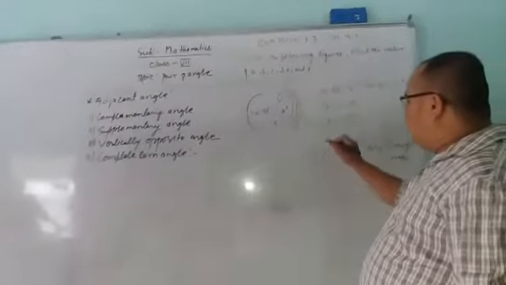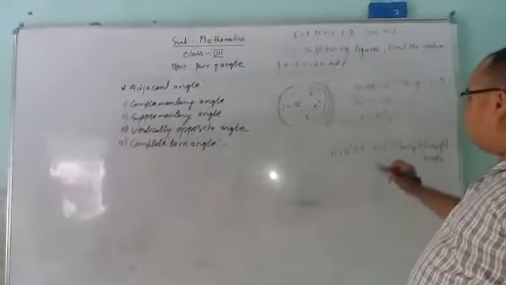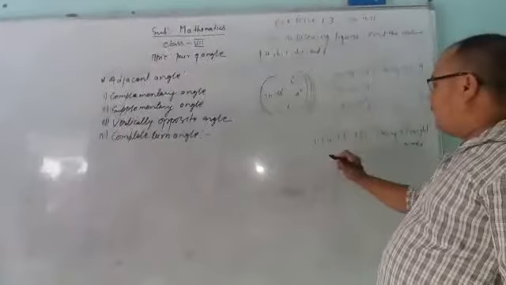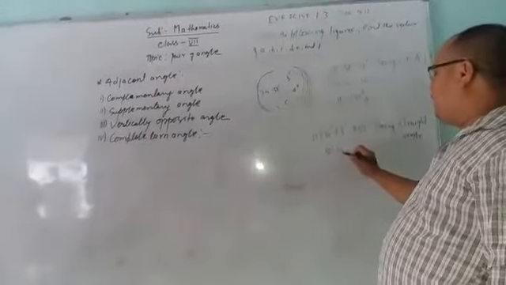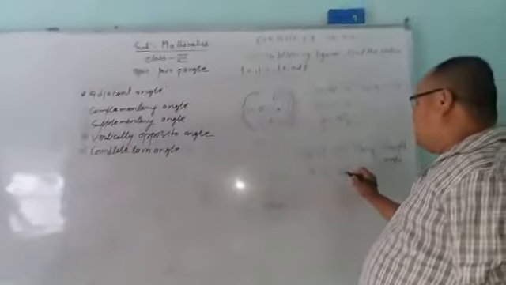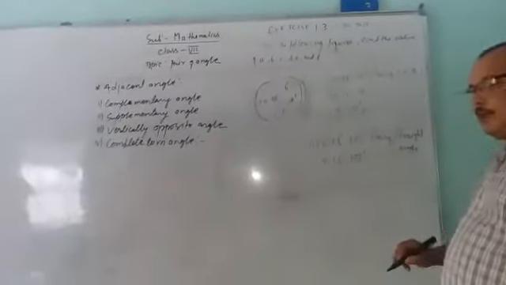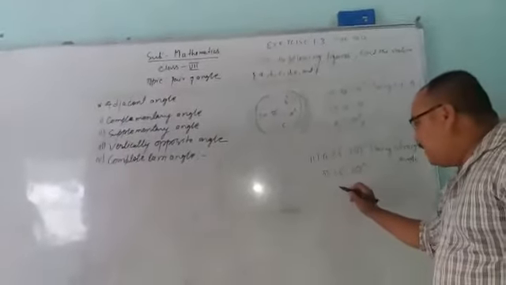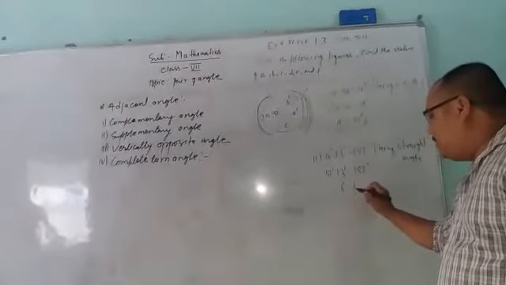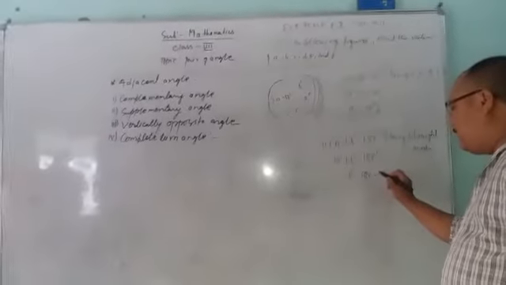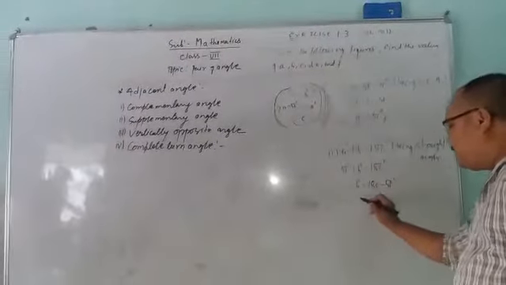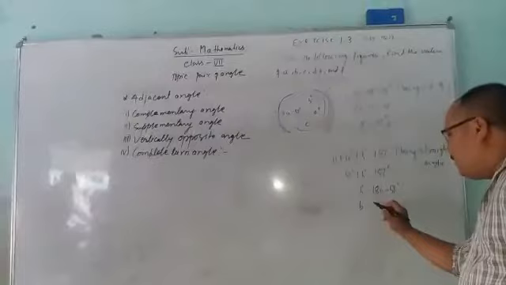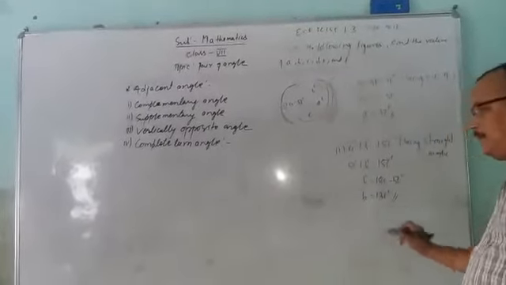Now we know the value of a, so instead of a you write 50 degrees plus b degrees is equal to 180 degrees. So now b degrees is equal to 180 degrees minus 50 degrees. So the value of b is equal to 130 degrees.